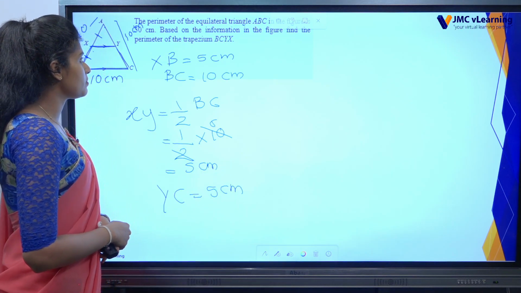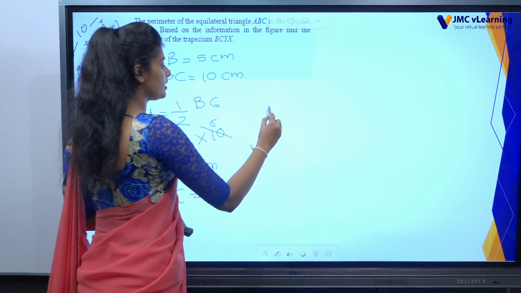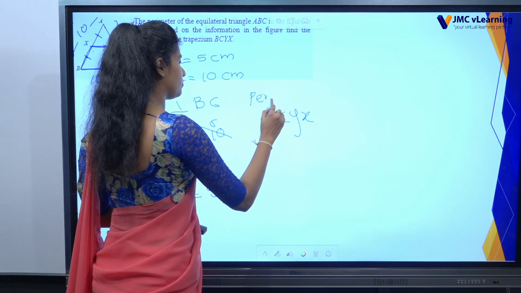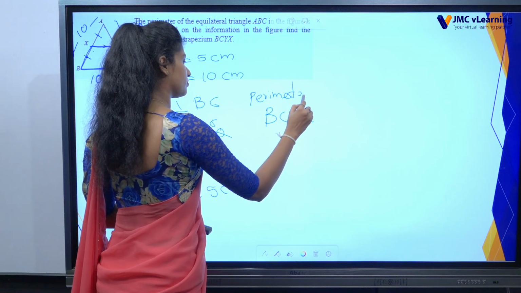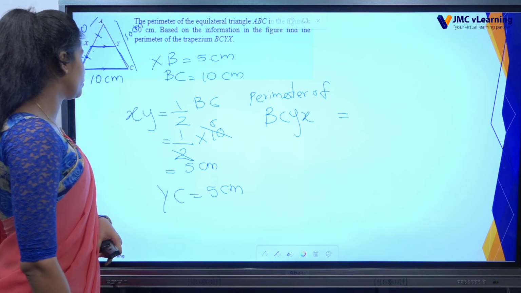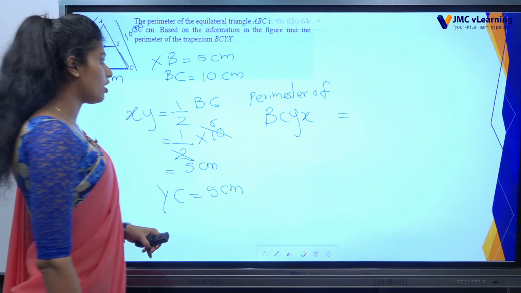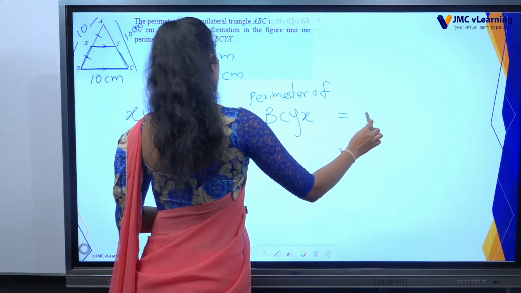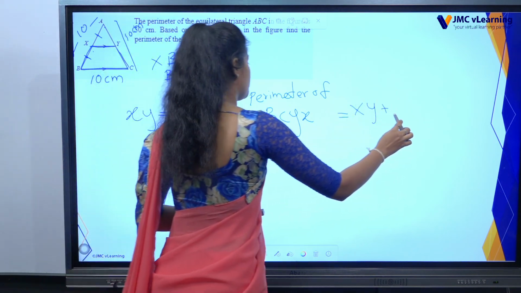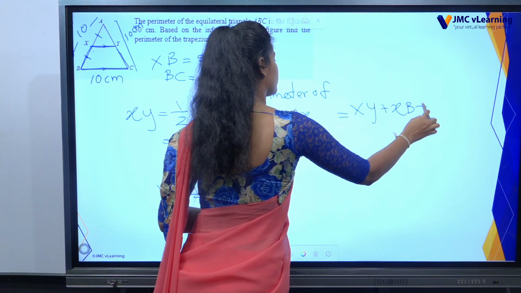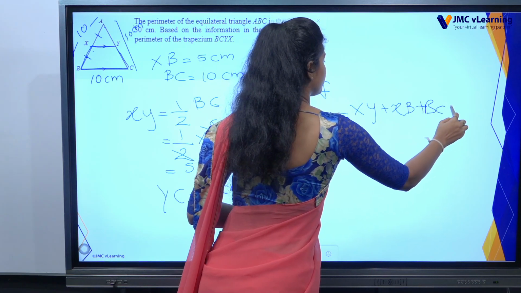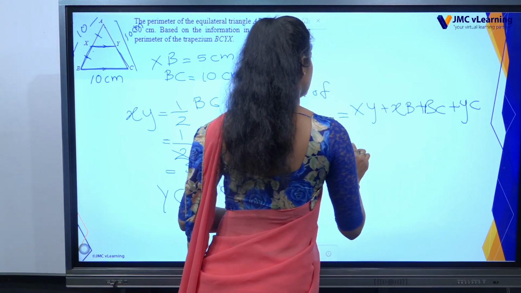To find the perimeter of this trapezium BCYX, what you have to do? You have to add all sides. That means XY add XB add BC add YC.